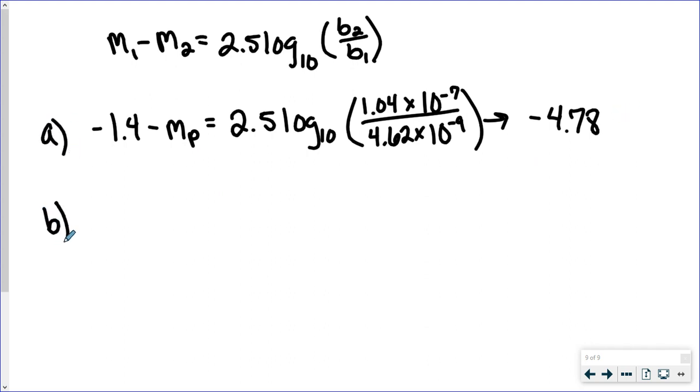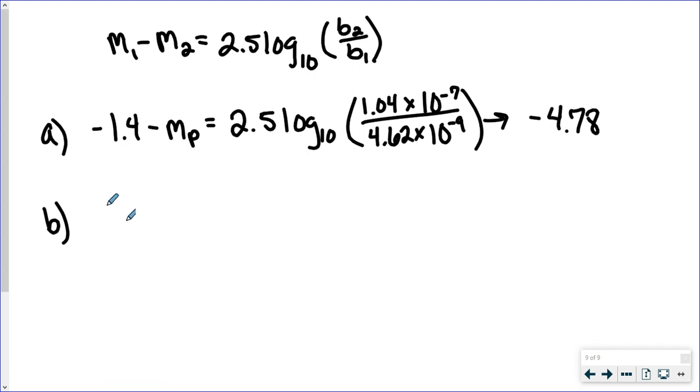And B. The sun has magnitude of negative 26.7. Calculate the apparent brightness of the sun. Again, I'm going to use the star Sirius because those numbers given to us are exact.